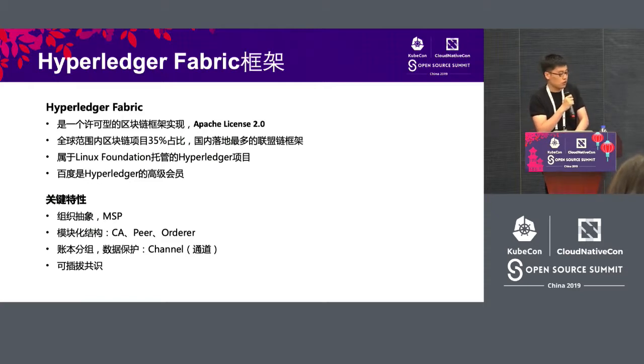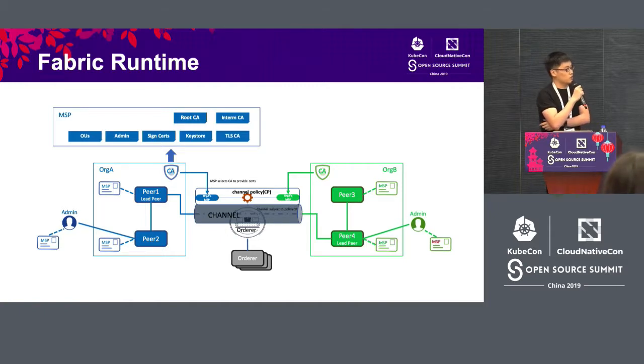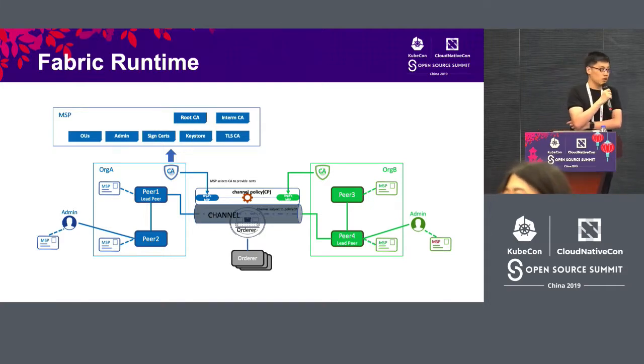So it has the features of organization, abstraction, modularized structure, grouping of ledgers, pluggable consensus. So we can see the consortium blockchain is based on organization, so you always need to join as an organization. And within the organization, it's also modularized components.